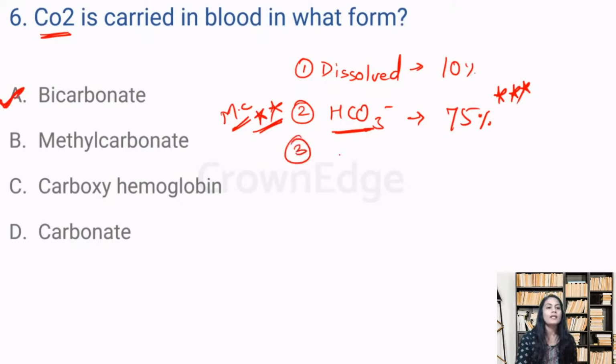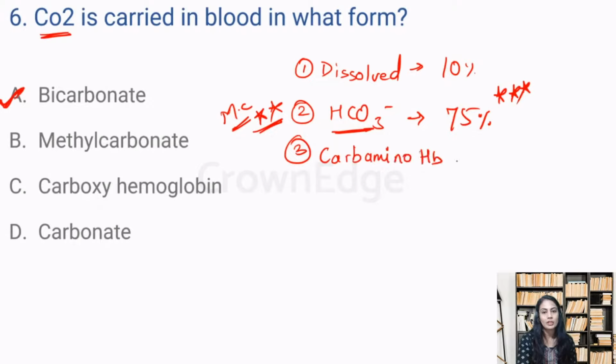Now, what is the third one? Remember, there is something known as carboxyhemoglobin, but that is not carboxy, that is known as carbamino hemoglobin.